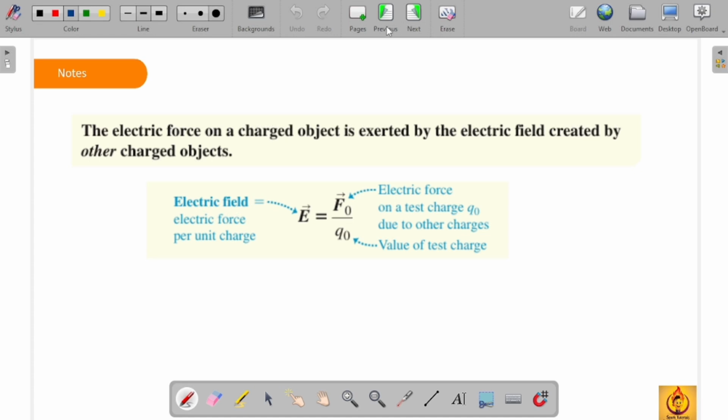At this stage, you are supposed to be able to tell us how electric force and electric field differ. They differ in that the electric field is the electric force on a unit charge. That's why you divide by the test charge.